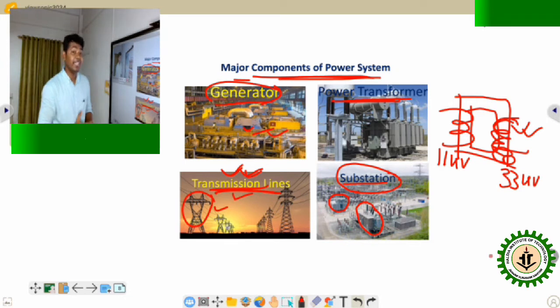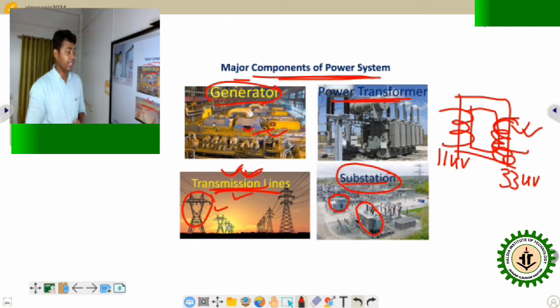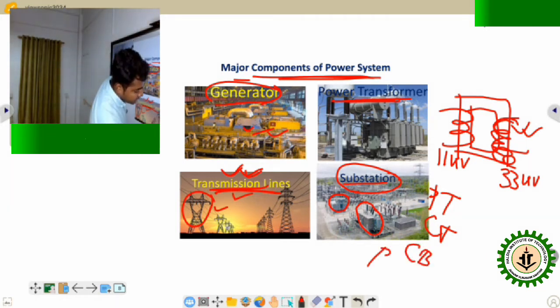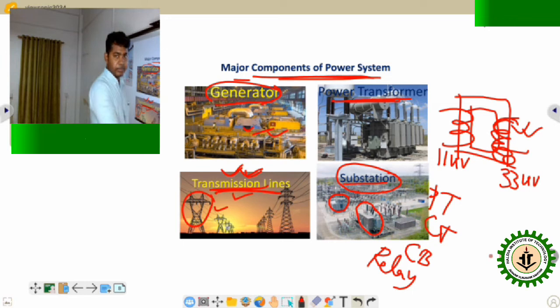And for measuring voltage and current, there is a PT, CT. PT, CT means the potential transformer, current transformer. Circuit breaker, relay, lots of devices there in the substation. So a very important part in a power system, substation. So you will learn later.